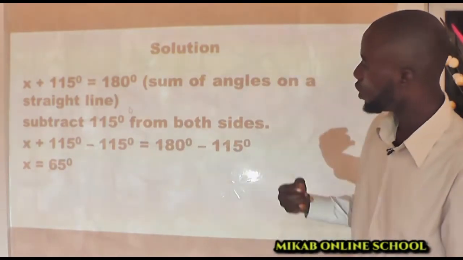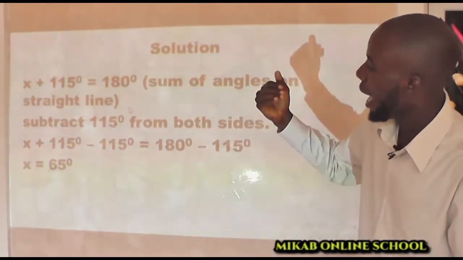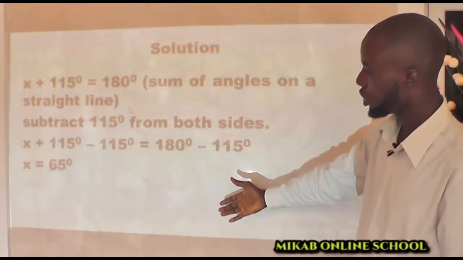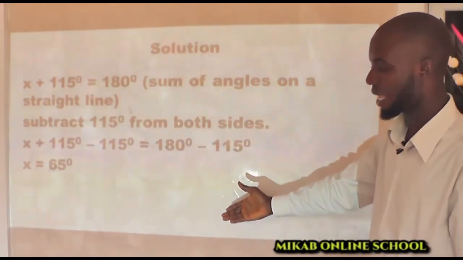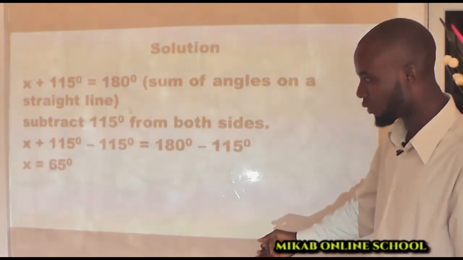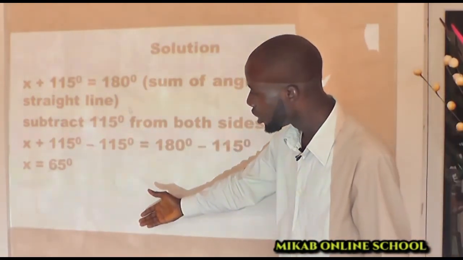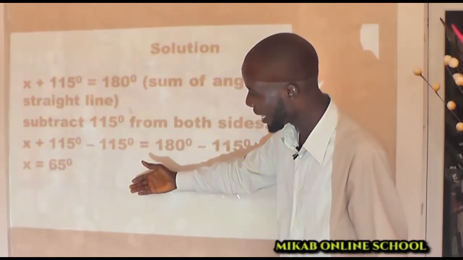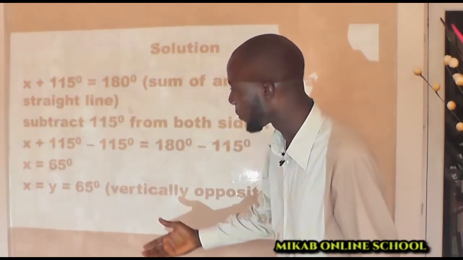I told you that x is vertically opposite to angle y, and vertically opposite angles are equal.